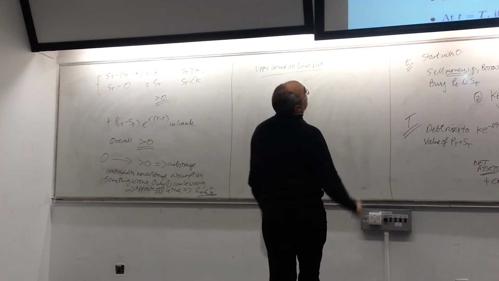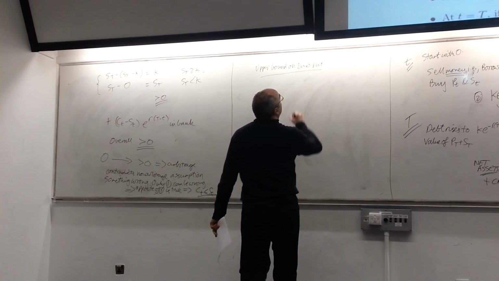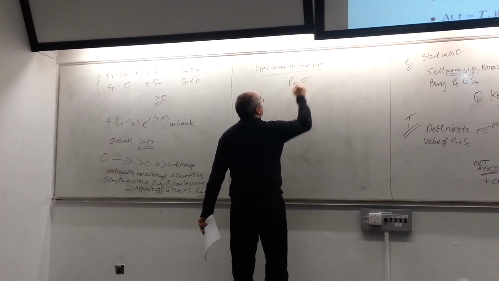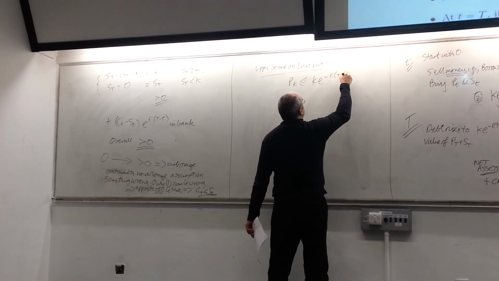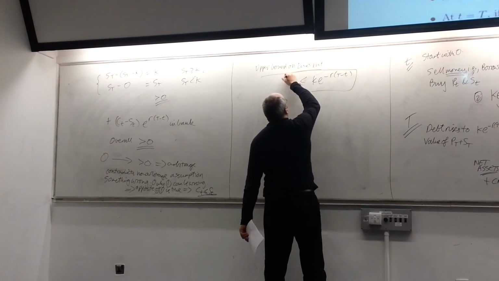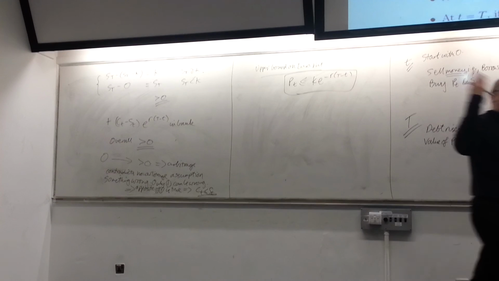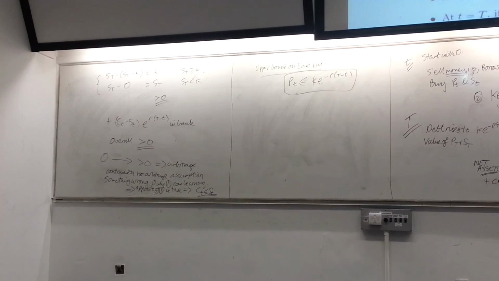And that one comes out as PT is less than or equal to K e to the minus r(T minus t). And you can go through and read for yourself and prove that to yourself. By contradiction, you can prove a similar argument there. So that's in the notes. The argument is here. You can play with that yourself.